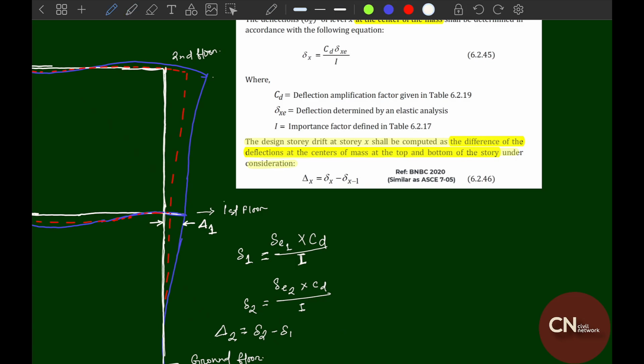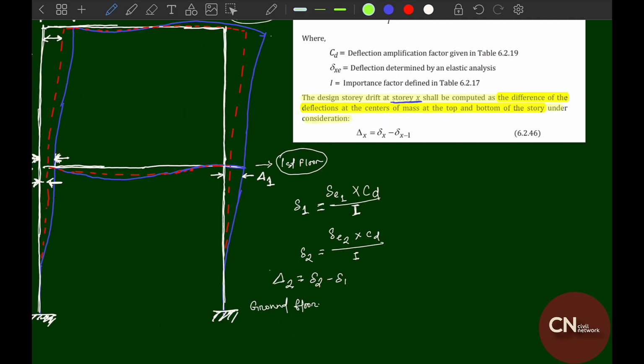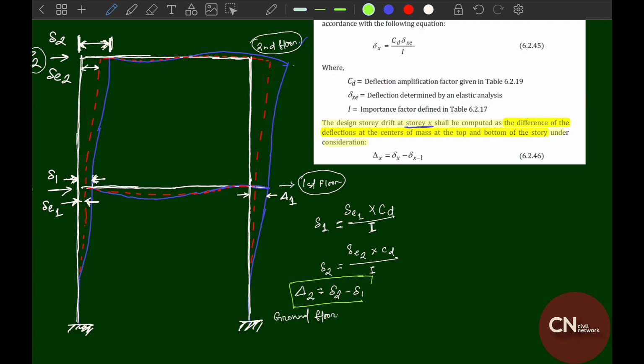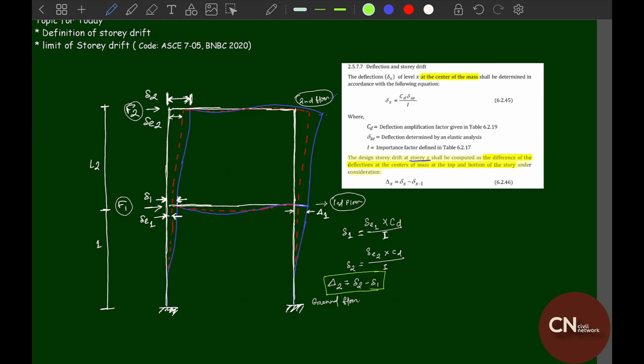In this case, the considered stories are the first floor and the second floor. The story X will be the second floor. So the displacement difference between these two floors will be called the story drift for the upper story, which is the second floor. Now I think we are clear about the definition of the story drift.